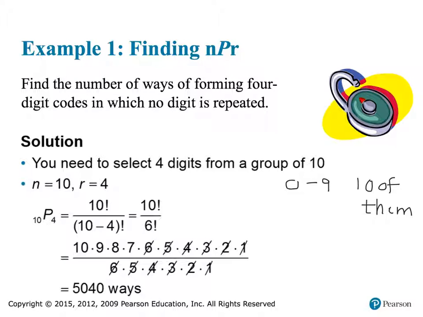We're creating a 4-digit code, so we're selecting 4 of them. And therefore, we've got the same scenario that we had with the runners on the relay team. We've got 10 permutations of groups of size 4. That would be 10 factorial over 6 factorial, and when simplified, is equal to 5,040 ways.